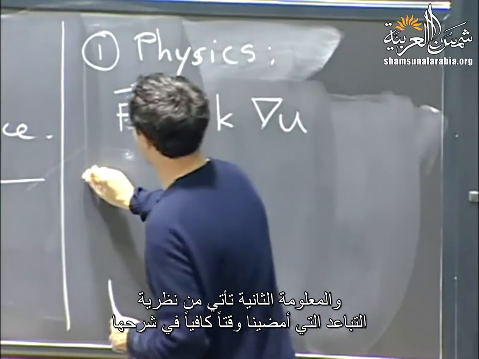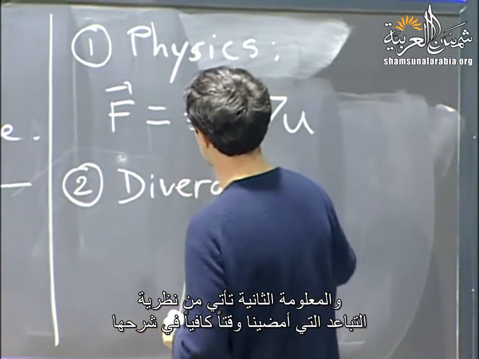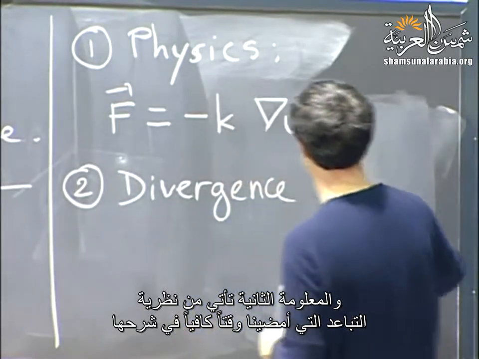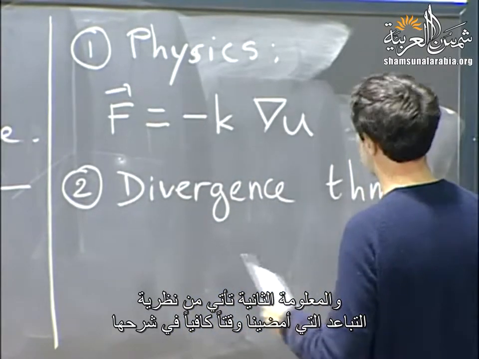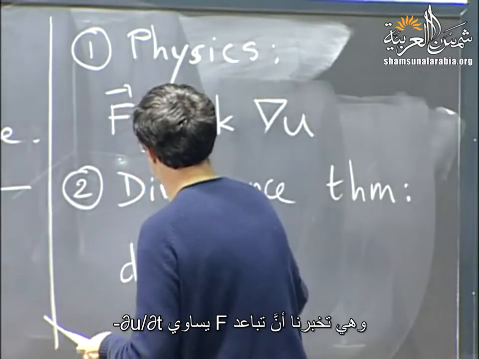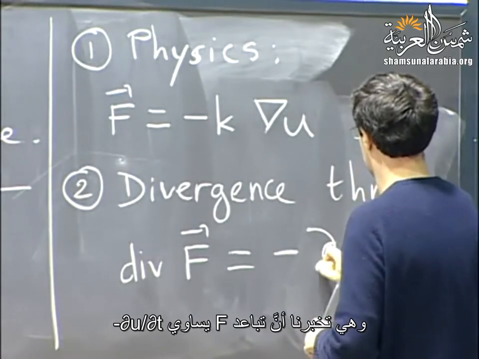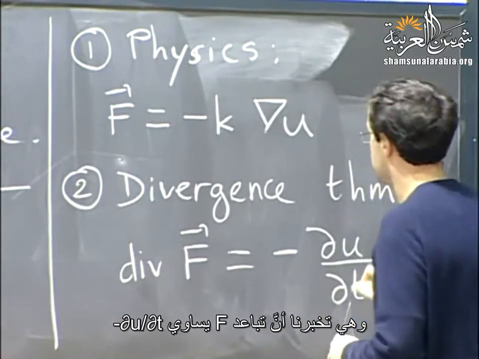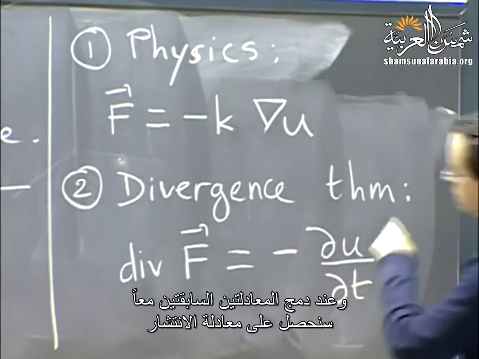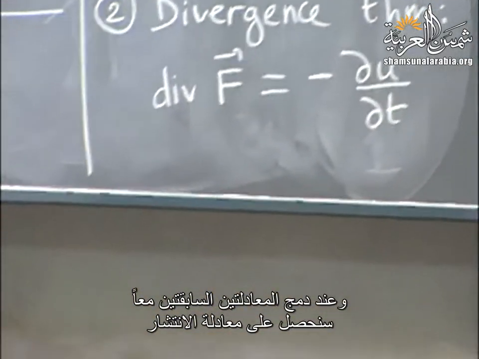And the second piece of information came from the divergence theorem, and that's the one which I spent time trying to explain. That one told us that the divergence of F is actually negative partial u over partial t. So when you combine these two relations together, that's how you get the diffusion equation.